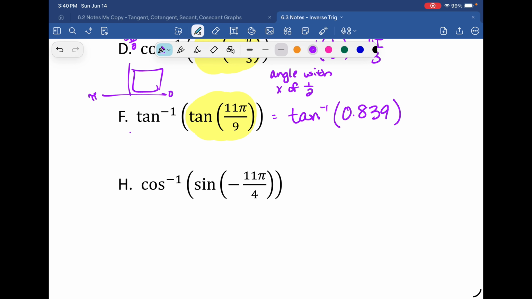All right, so remember tangent, pi over 2, negative pi over 2, excluding those. 11 pi over 9 is definitely not inside that domain. So I have to think of something else. I'm going to do inverse tangent of 0.839.